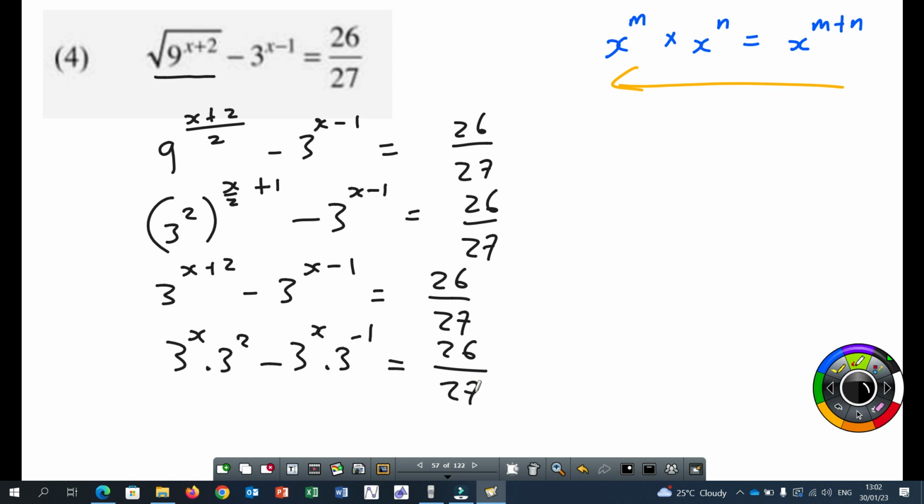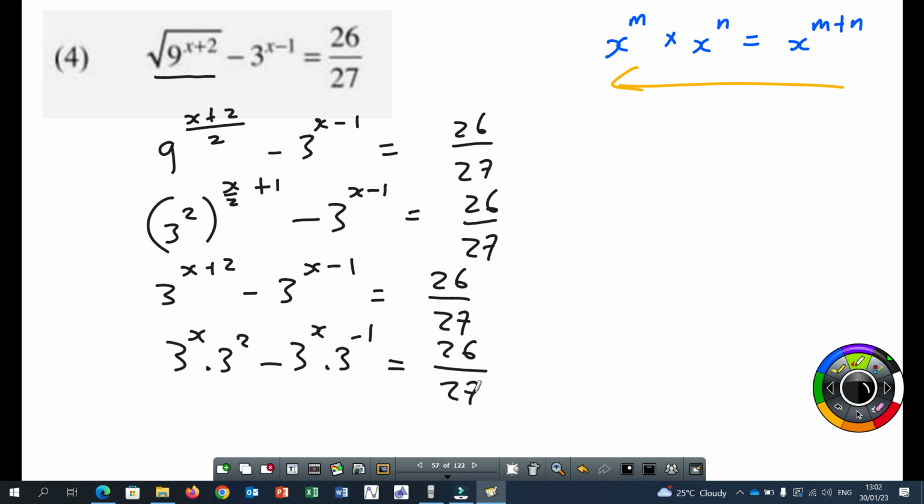Now, please be aware, when you have an equation which is exponential, it means you must simplify until you get an exponential term, which is a monomial, with x as the exponent. Okay? On the right hand side, we don't have an exponential term. On the left hand side, we had 2 exponential terms. So I needed to create 1 exponential term out of those 2. Okay? So I've used factorization in law 1 of exponents.